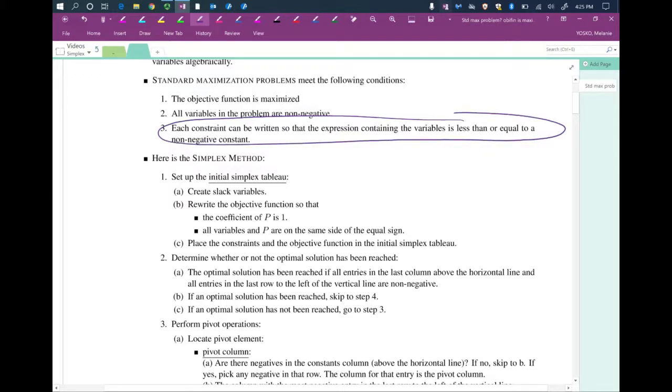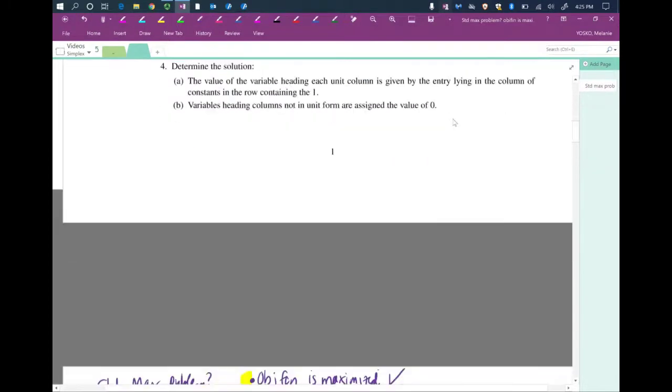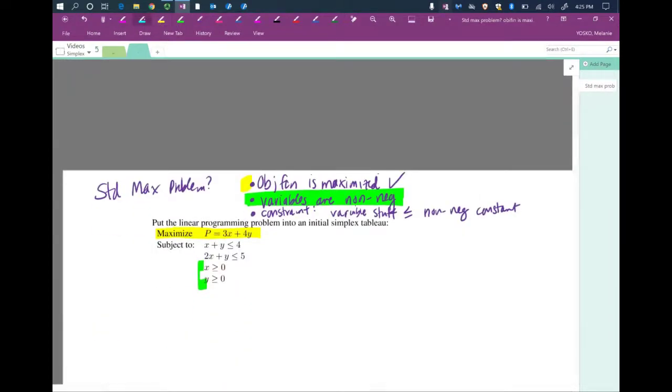Variables are less than or equal to a non-negative constant. So now we're looking here. Do you see we have expressions with the variables on the left, less than or equal to sign, and then a number over here that's not negative, 0 or positive. So that is also satisfied. So yes, this is a standard maximization problem. We are good to go. We can use the simplex method.